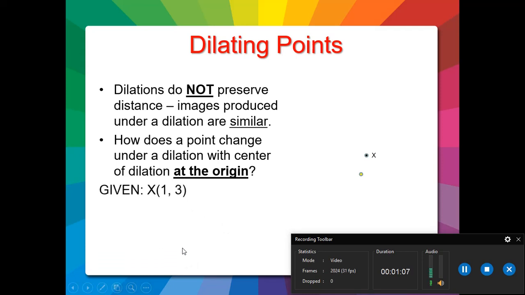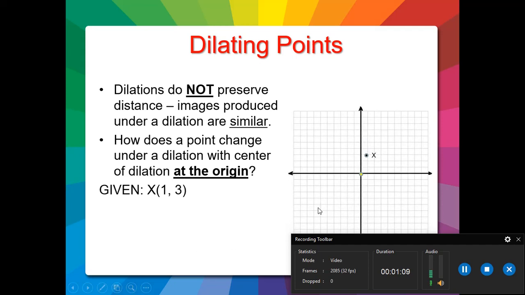So we're given point X located at 1, 3. I've also plotted the origin in yellow to make it stand out, and there's point X. So in our first dilation, we want to dilate about the origin by a scale factor of 2. So what we want to do is move point X twice as far from the origin.